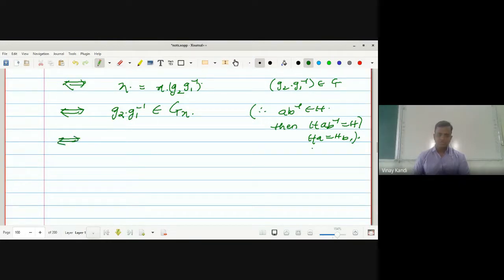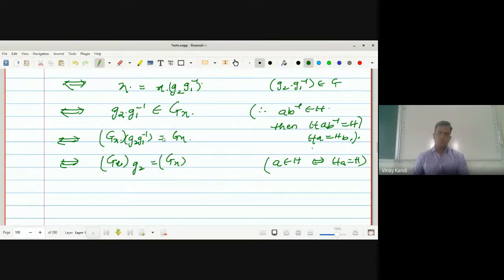That implies, okay, if A belongs to H, that implies and implied HA is equal to H. So that implies this is GX into G2 G1 inverse is equal to GX. That implies GX into G2 is GX, by post multiplying by G1.